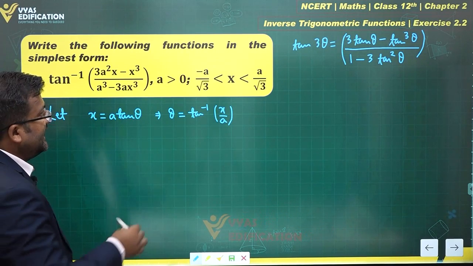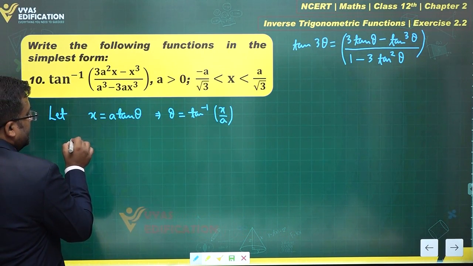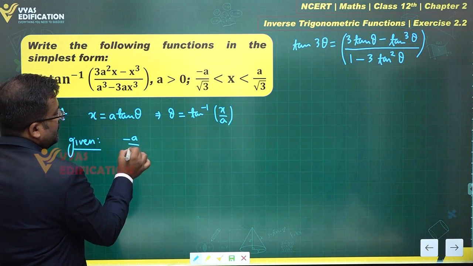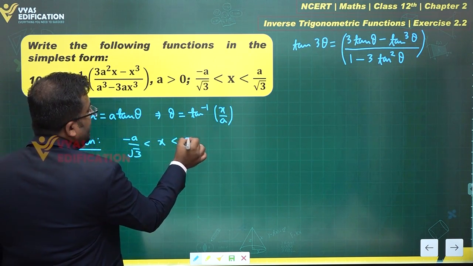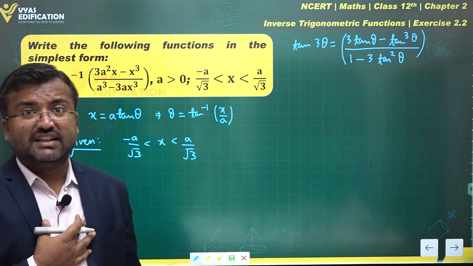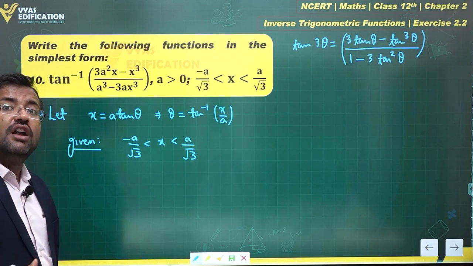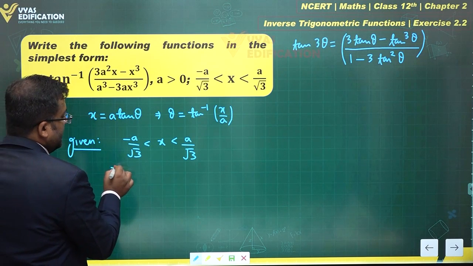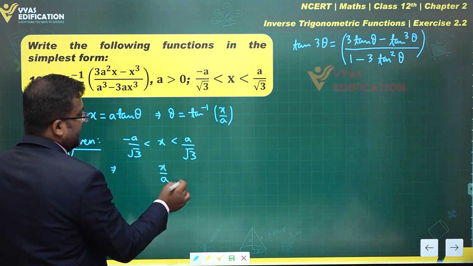It is also given that minus a by square root of 3 is less than x is less than a by square root of 3. From here I can get the range of theta, which is important for finally writing the final expression. Let's divide by a.